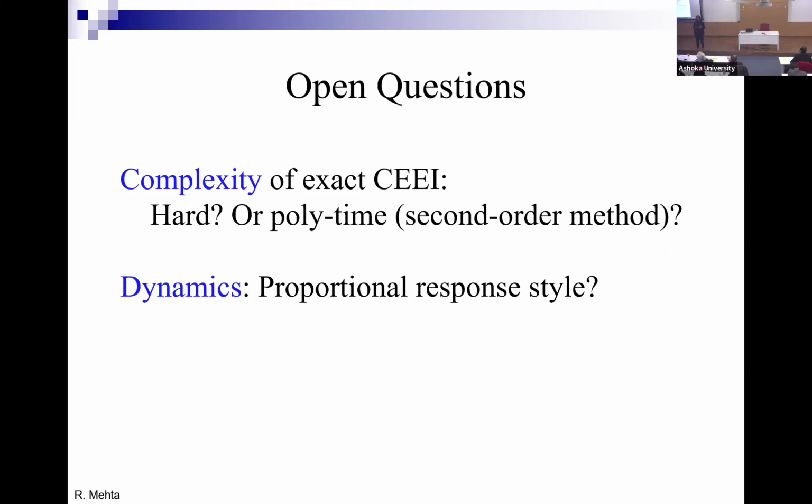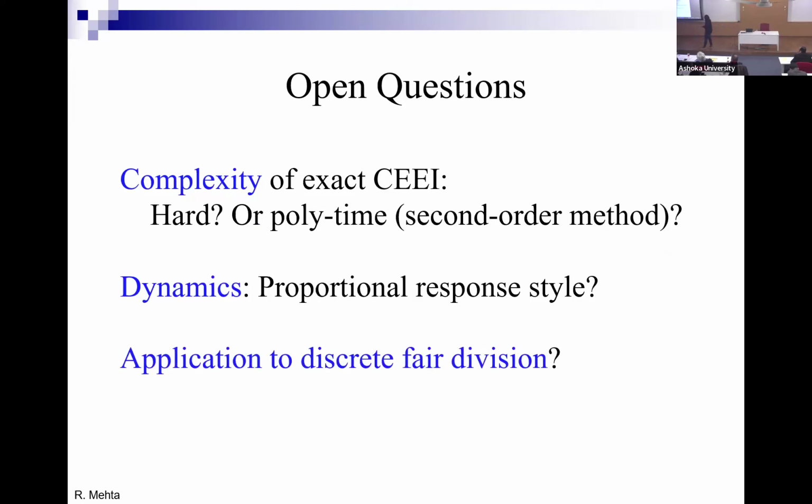In goods market, we have Tatonnement dynamics, convergence in many nice valuation function classes. Yes, multi-time period problem, right? And finally, there are applications of competitive equilibrium for goods in the fair division of indivisible items like iPhones and laptops and so on. Can we do that in chores cases?